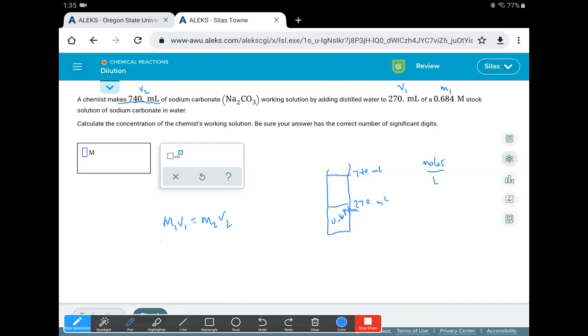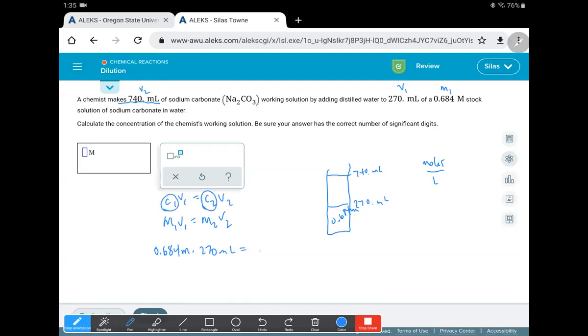So we're going to plug these in. 0.684, it's in the right units. I'm going to just stick with milliliters because I'm going to cancel them. Now I could convert that to liters, but I don't have to. With the M1 V1, it could also be C1 V1 equals C2 V2.